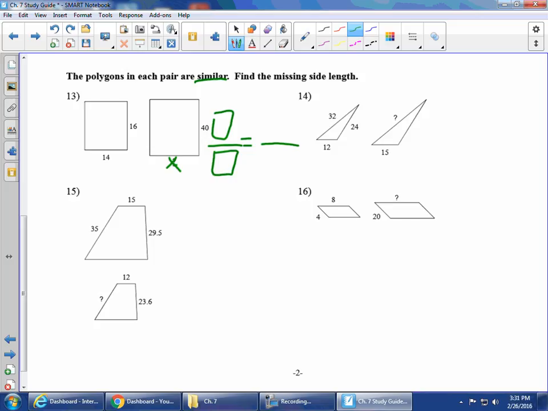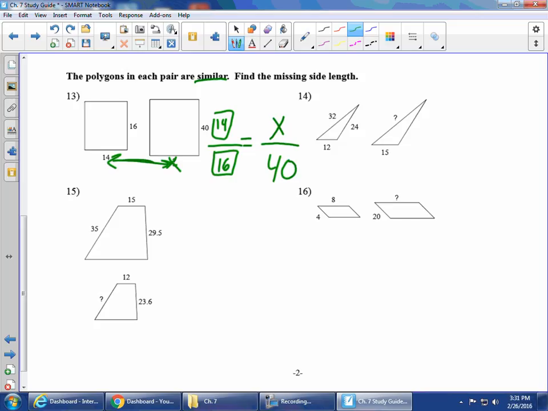I normally like my x to be on the top, so I'm going to say x over 14 over 16, because 14 and x go together. These are corresponding. x is going to be here, 40 is down there. Then you cross multiply, do some dividing, and that's going to give you your answer.